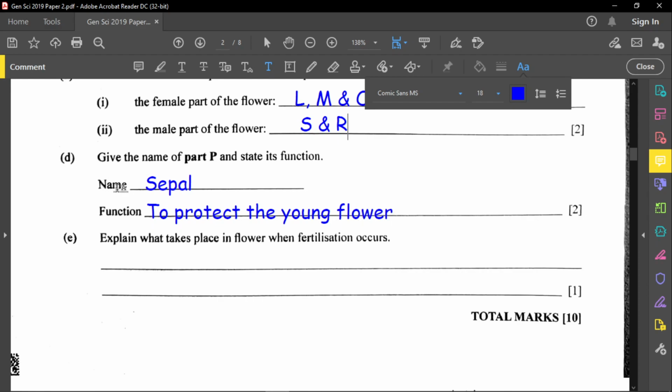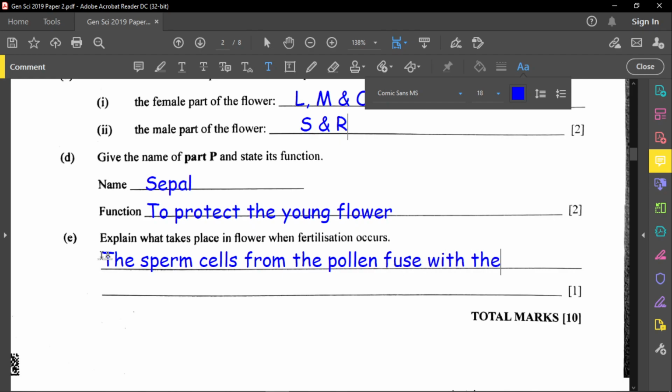All right, great. Part E is to explain what takes place in the flower when fertilization occurs. For fertilization to occur, the sperm cells from the pollen fuse with the ovules, and the ovules are in the ovary.